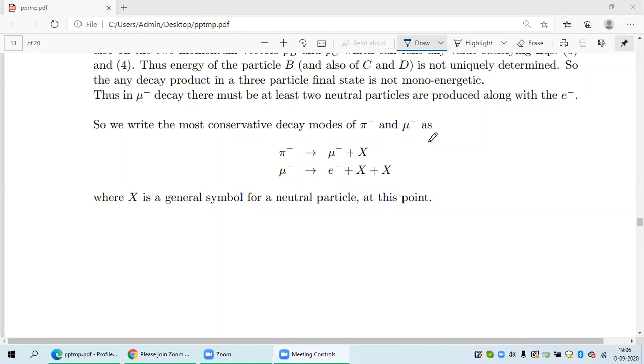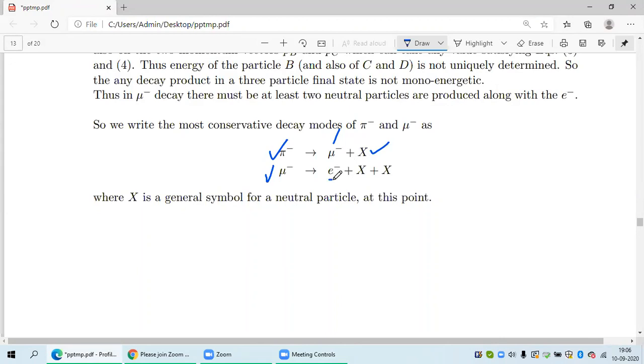So what we got in the last class, this was the last page of last class, that this pion and muon are found to decay, and from energy momentum conservation we concluded that since the muon is monoenergetic experimentally, there must be one particle with the muon in the final state.